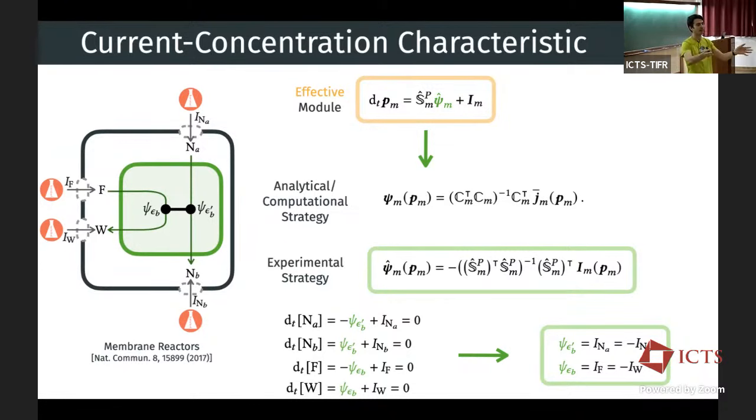I understand that it could sound like science fiction, but that's fine. I'm just trying to anticipate how to think about this. So the stuff that's F and W is going to stay external once you take this module back and put it into the cell. But NA and NB are going to become coupled to the rest of the network.